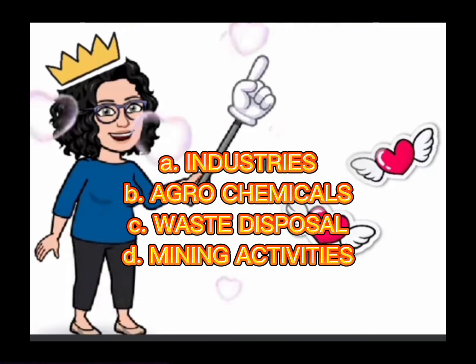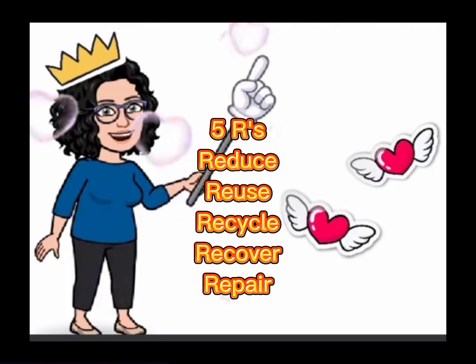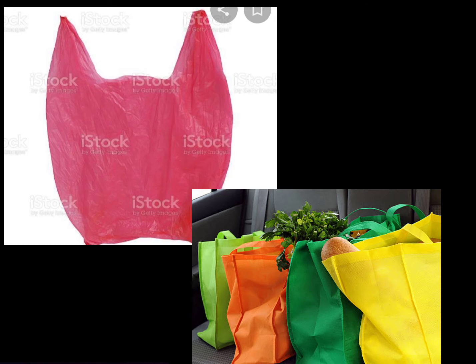Next, what does 5R stand for in waste management? So we have reduce, reuse, recycle, recover, and repair. When we say reduce, it is to lessen the amount of waste products. For example, from plastics, cellophanes to eco bag.